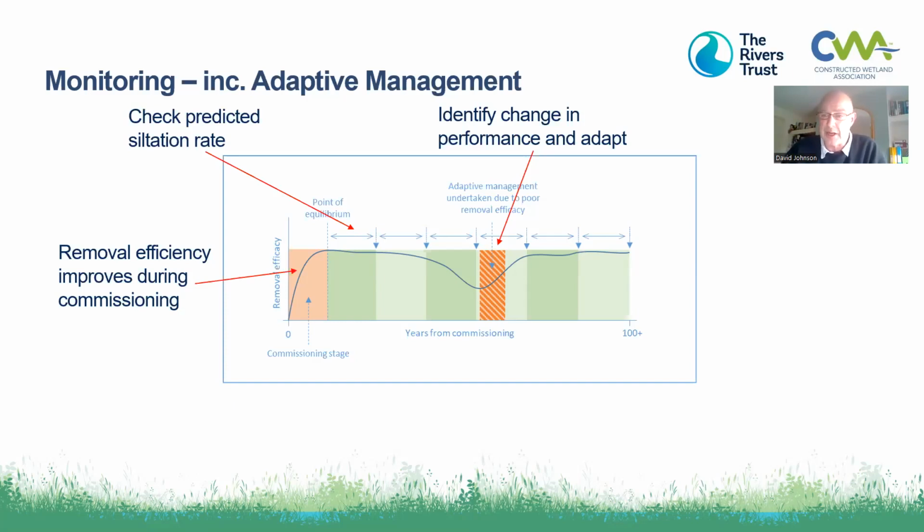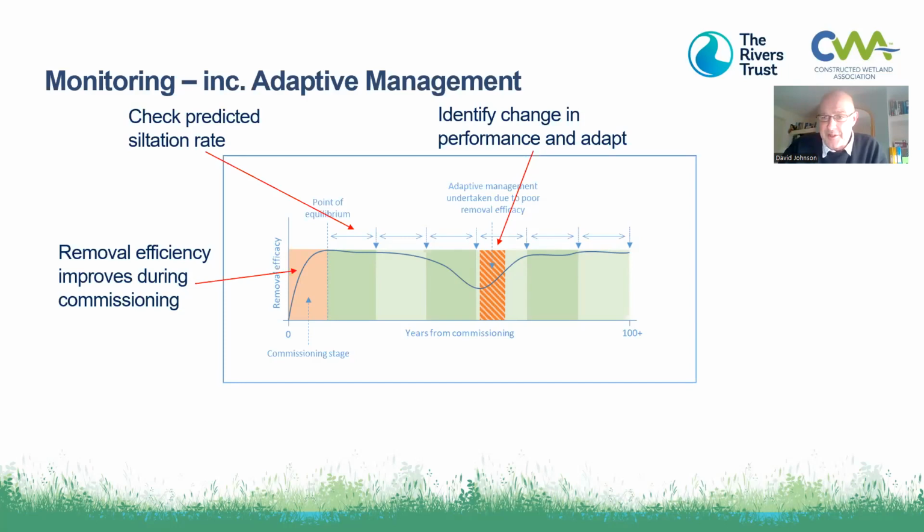So there are visual checks to make sure there are no blockages, and also checks to make sure that the sedimentation is going at the rate we're expecting, so that the wetland gets cleared out at the correct period as identified in the maintenance plan.